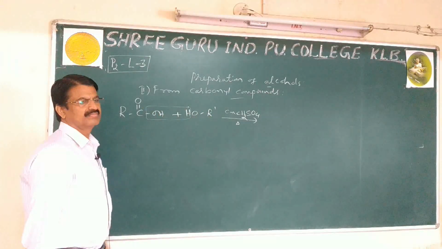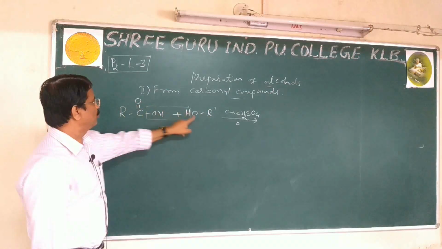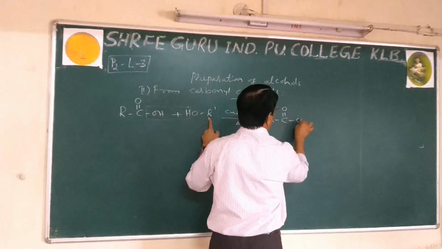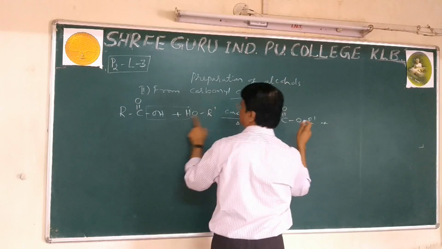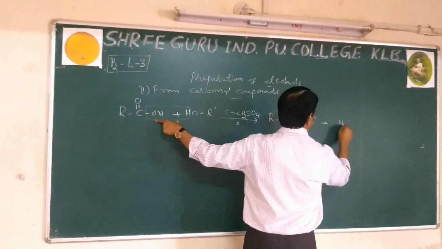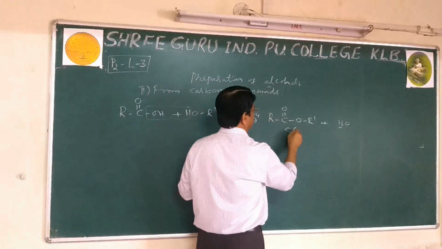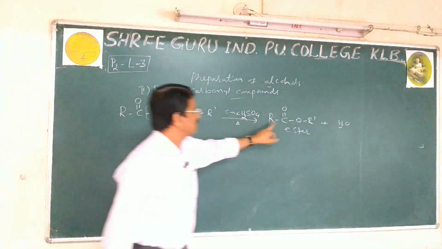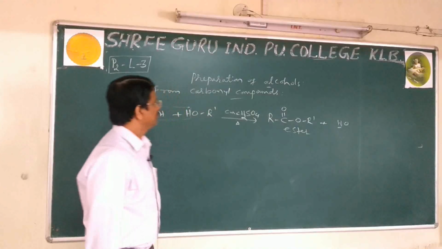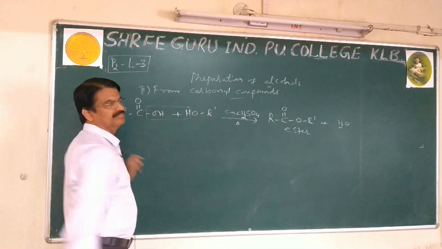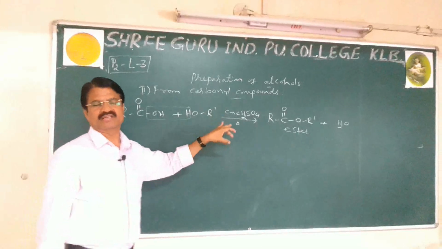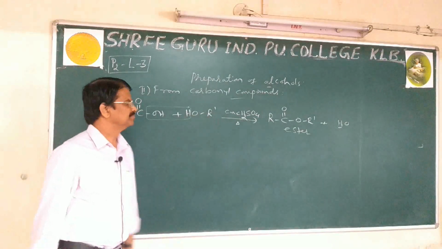Then we get RCOOR' plus H2O. Now it is called ester, RCOOR'. Ester is obtained and this process is called esterification.